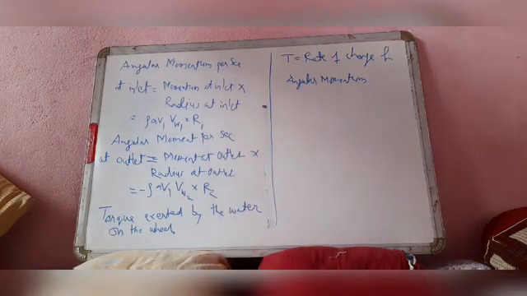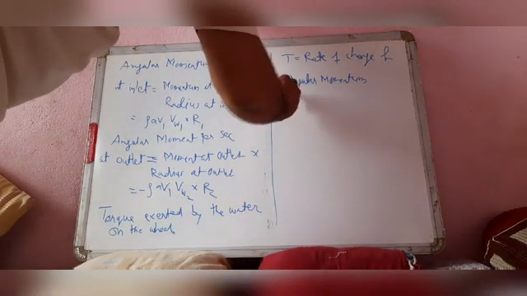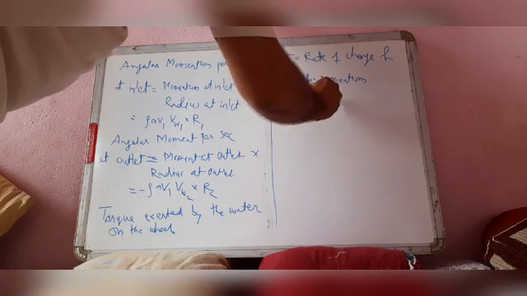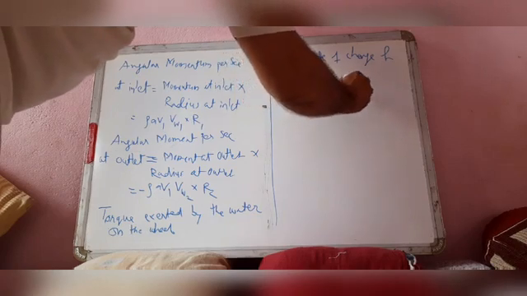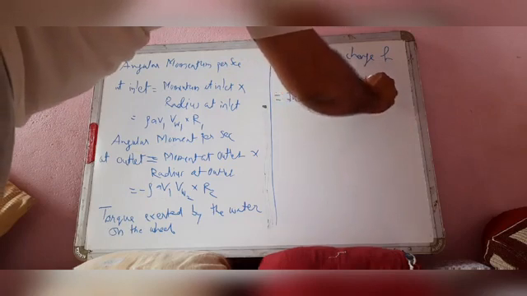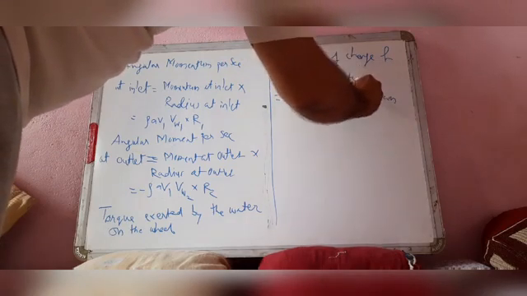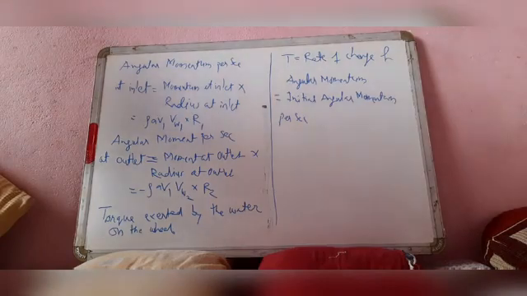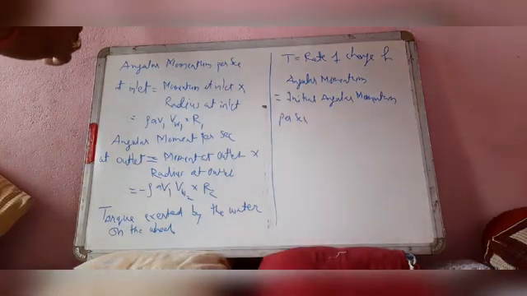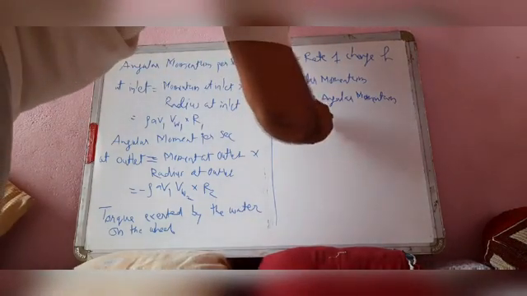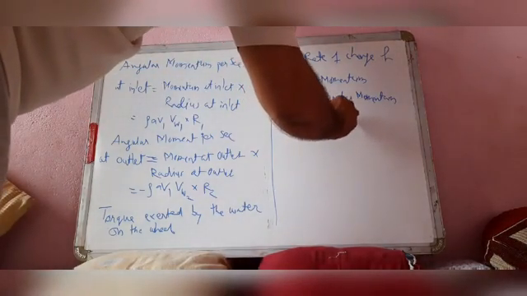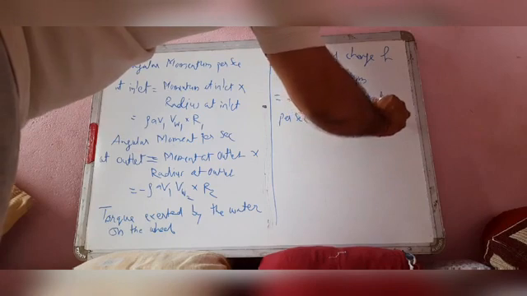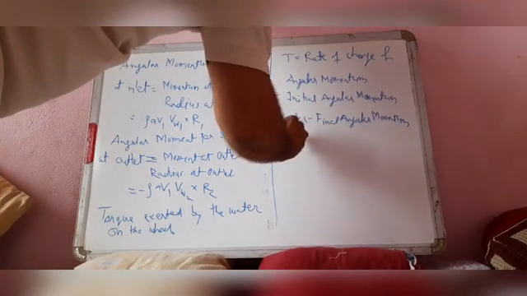That is equal to the initial angular momentum per second minus the final angular momentum per second.